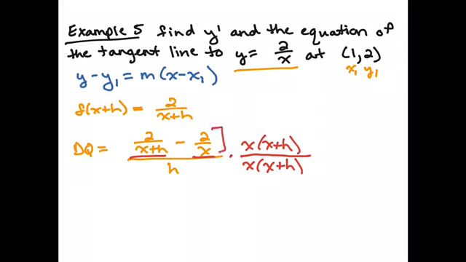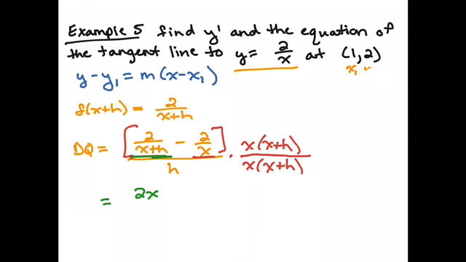So when I multiply this first term here by x times x plus h, the x plus h's cancel, and I'm left with 2x.